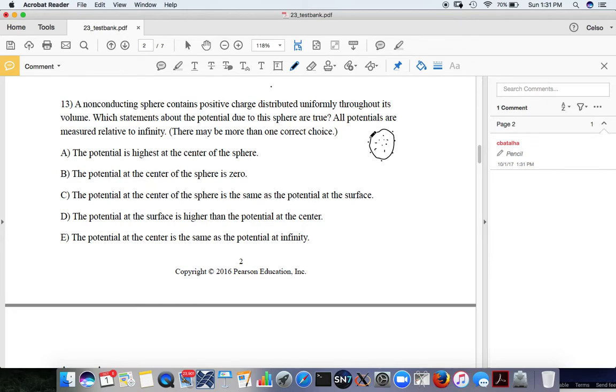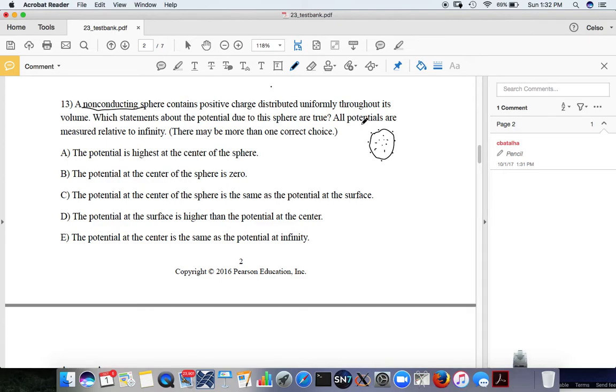That's the difference from the conducting sphere. In a conducting sphere, all the charge goes to the extreme part, on the surface. And here that is not the case, because it's a non-conductive sphere.